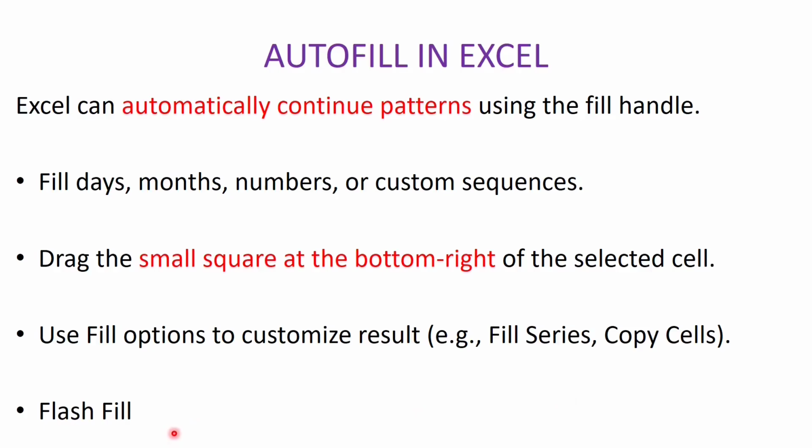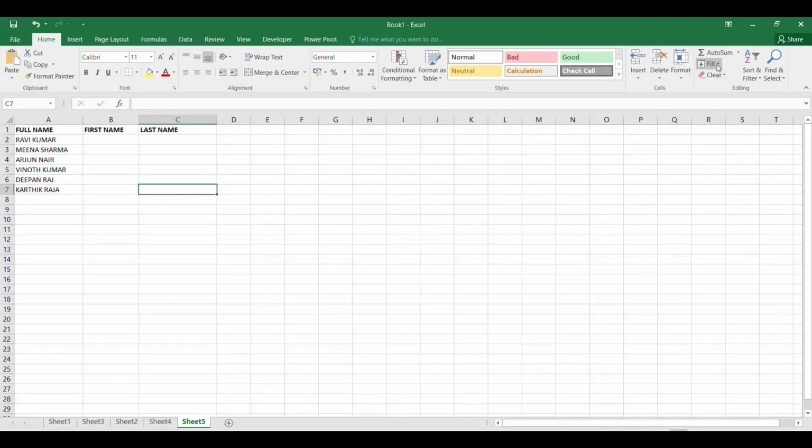Another related feature in Excel is flash fill, which can detect patterns in the way you are entering data and fill the rest automatically. For example, splitting a full name into first and last names.